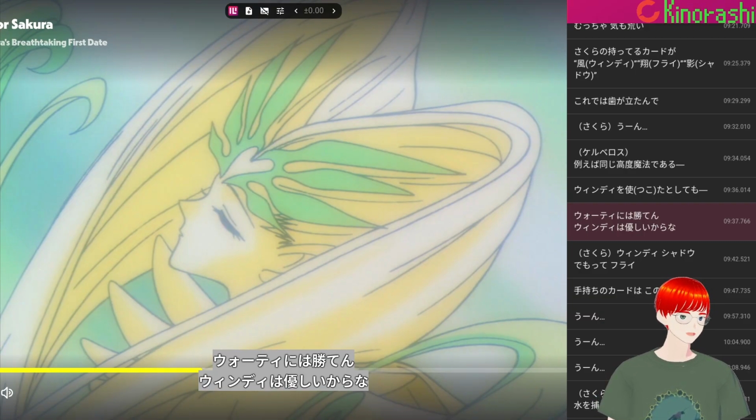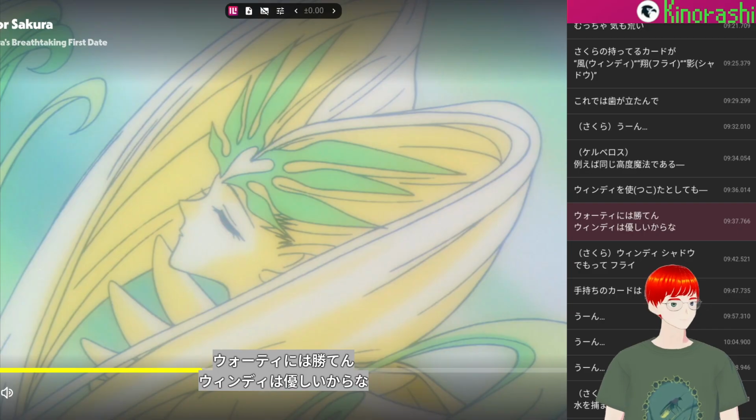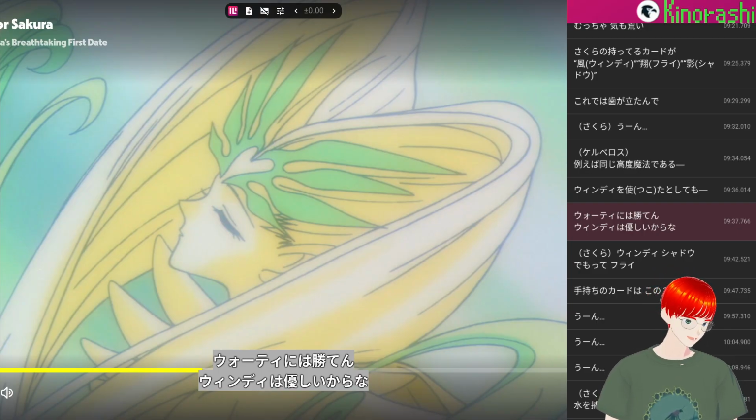Okay. Windy wa yasashi kara na uses the conjunction kara, which means because, since. The plain form of the adjective yasashi, kind, is used before kara, which is the standard grammatical construction for expressing reason. The particle wa marks windy as the topic of the sentence.